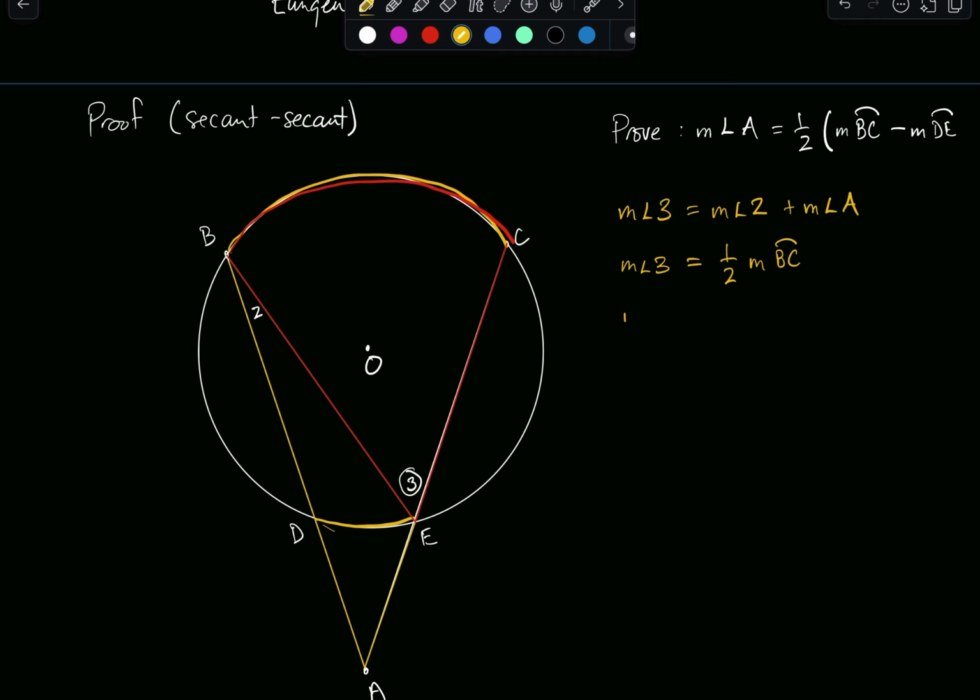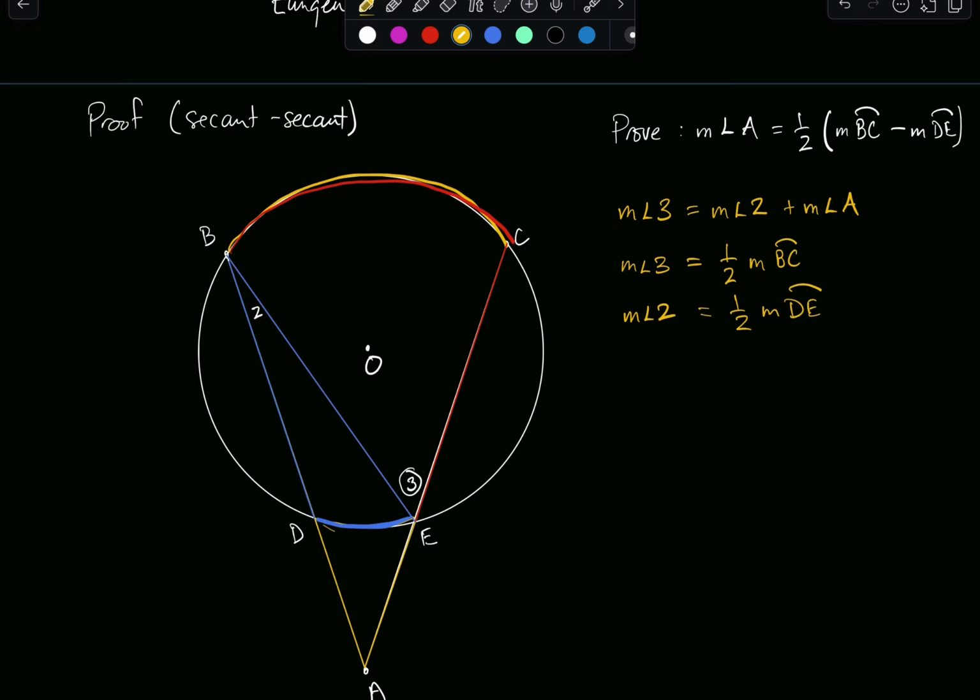Likewise, angle 2 is also an inscribed angle. It is this angle right here, and it intercepts arc DE. So the measure of angle 2 is equal to 1/2 the measure of arc DE. And you can probably already see where this might be headed, but let's finish it off anyway.